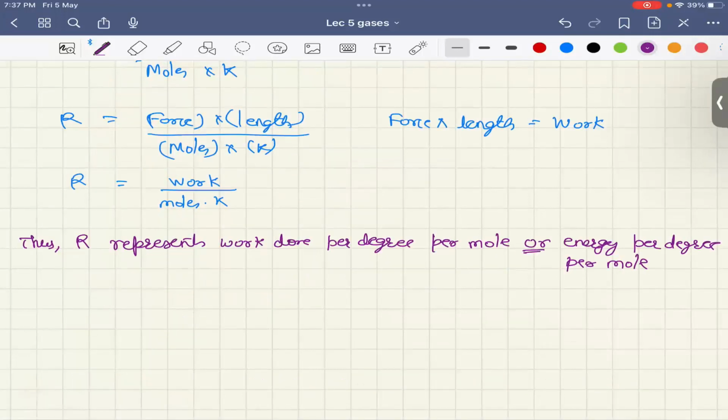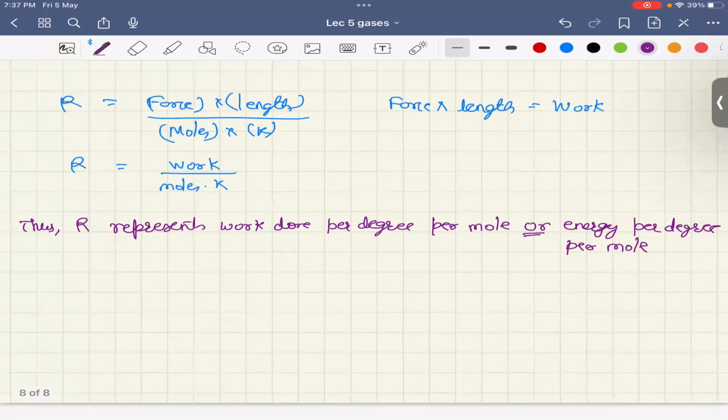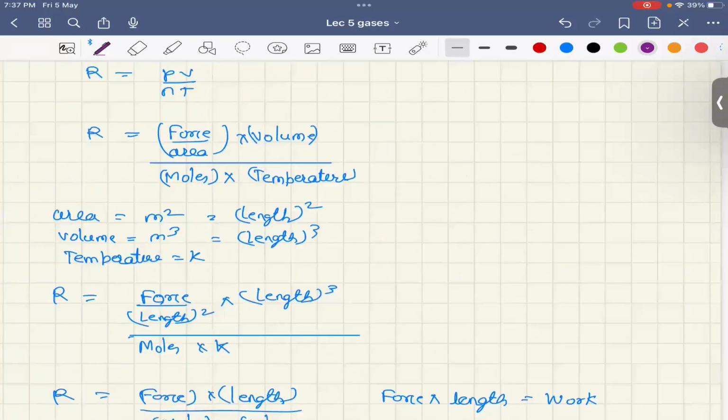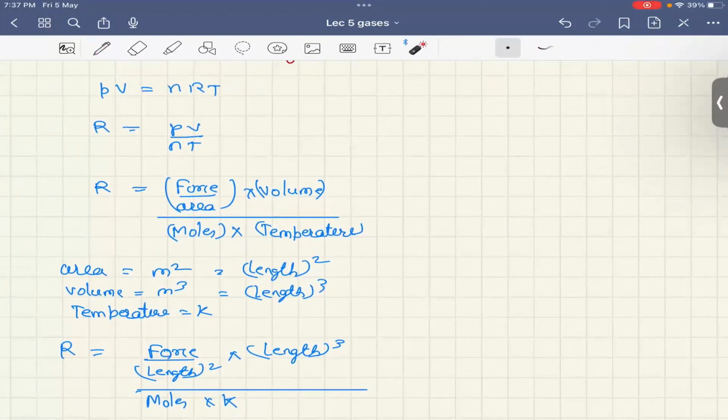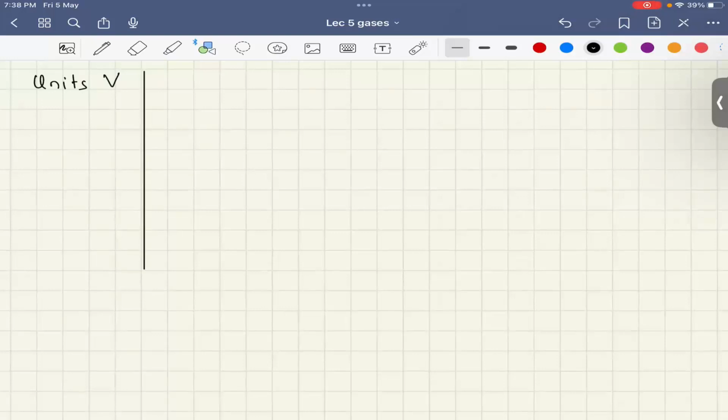So there are various values of R. I'm going to draw the table for different values of R. Clearly the value of R depends upon the units. So we can have one value of R in SI units, some other value of R in CGS units, and so on and so forth, right? Let us try to understand the value of R in units of V, which is volume, then required P, then the value of R which we get.